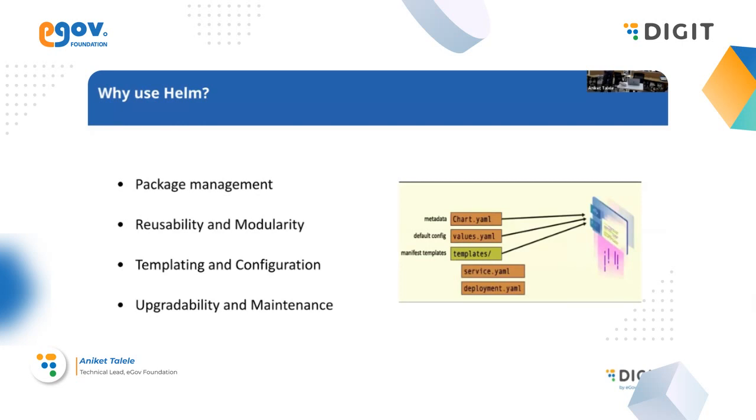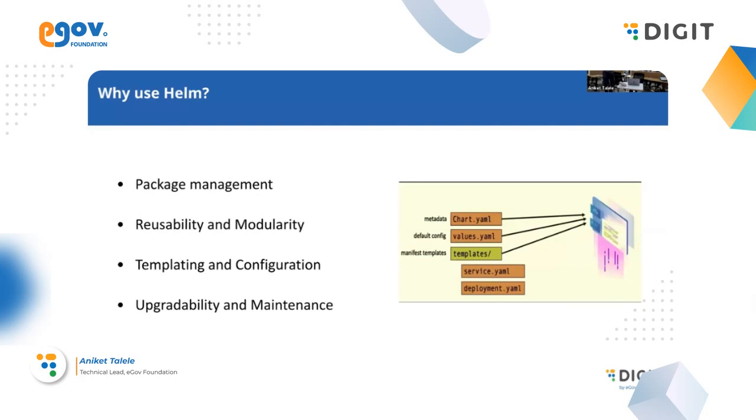Helm is a package manager for Kubernetes configuration. It provides lots of benefits like reusability and modularity. Basically, you can keep a common template and use it across all the services. Then templating and configuration: if you put in a common template, you can just change the few variables required using the template engine which Helm provides.